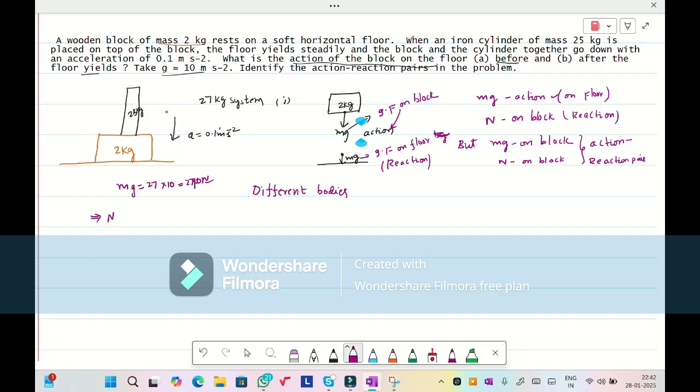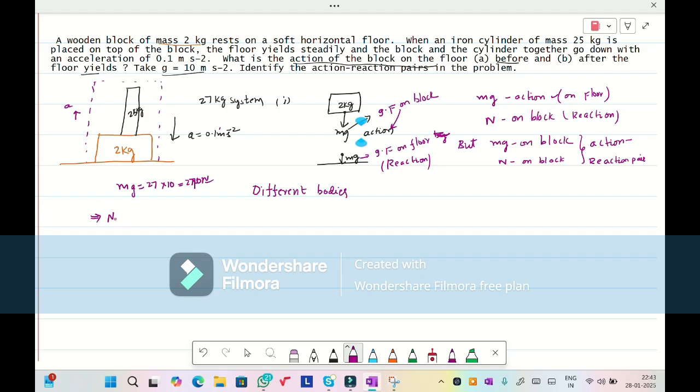So here the net force is mg. The resultant pseudo acceleration on the system will take an upward direction. The system is moving downward, but the reaction force is upwards.